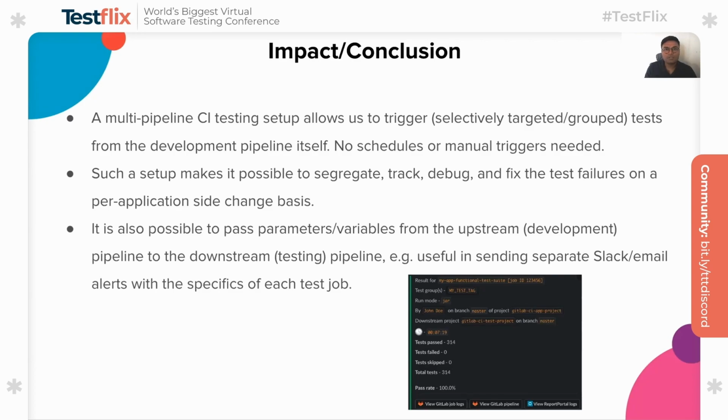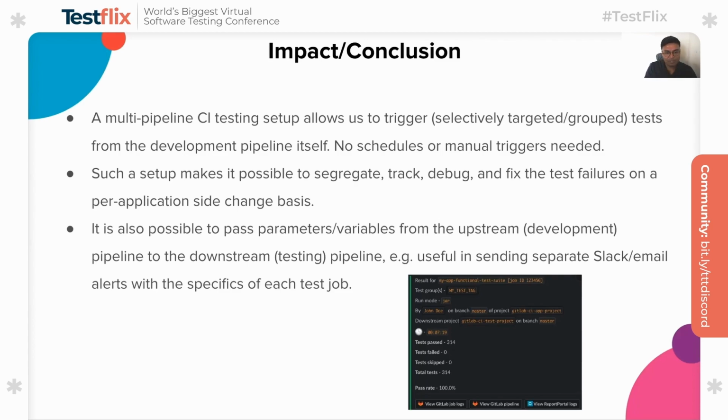This means that now there is no need to have a different standalone schedule or a different pipeline where you might need to do automated or manual triggers separately, right? Such a setup will make it easy to understand the failures on a per change basis, thereby leading us to segregate, track, debug, and fix the test failures for each change that is going into the application or the service under test, right?